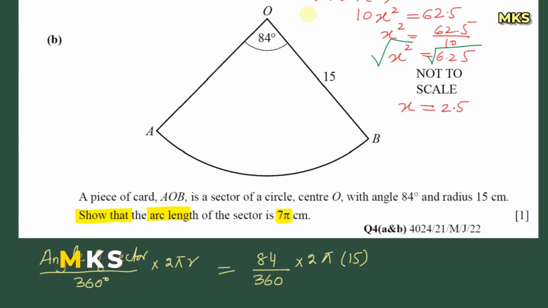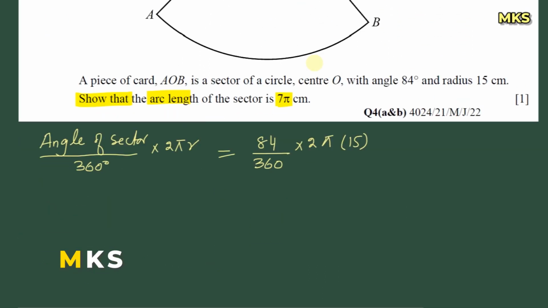So now we will simplify it. 2 ones are 2, and 5 threes are 15, 5 sixes are 30.